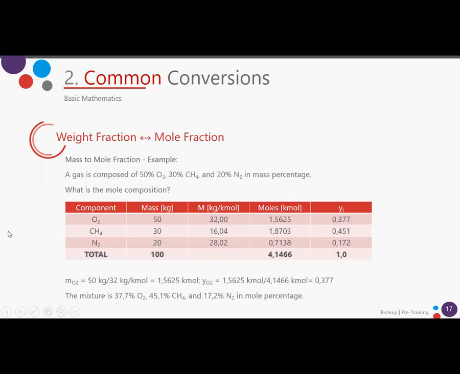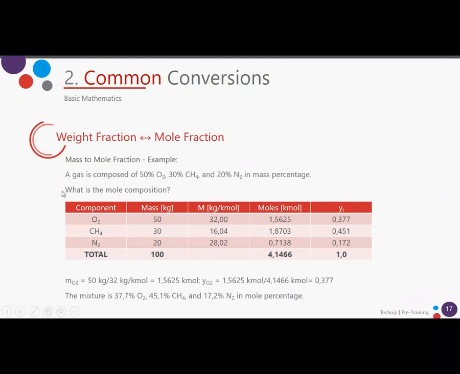Okay, now we're going to do it the other way around, which is almost the same. So we want to convert mass to mole fractions. Again, we have a gas composed of 50% oxygen, 30% methane, and 20% nitrogen, expressed in mass percentage.